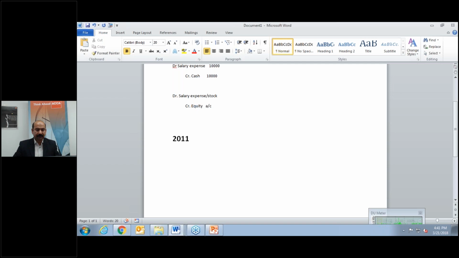The remuneration expense will be total remuneration expense.